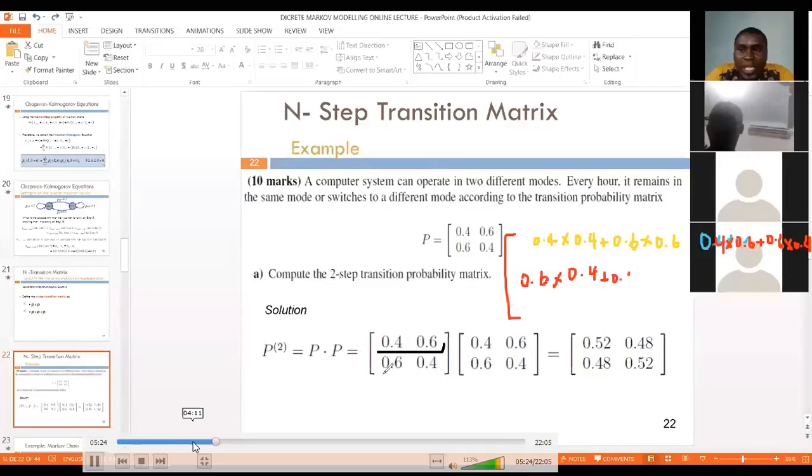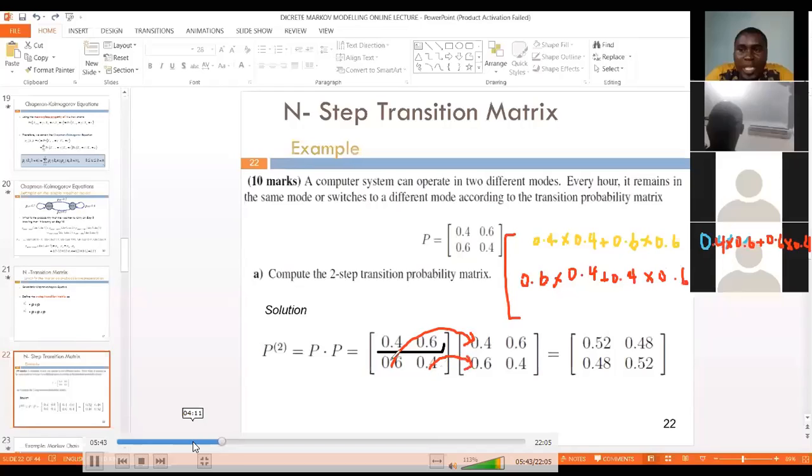That will be this times that, okay, and then this one times this, okay. So 0.6 times 0.4 plus 0.4 times what? 0.6. Okay, then you repeat for the next column.